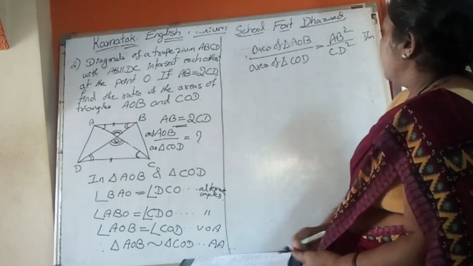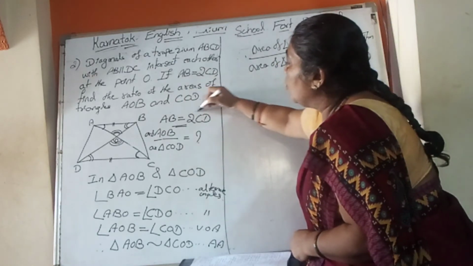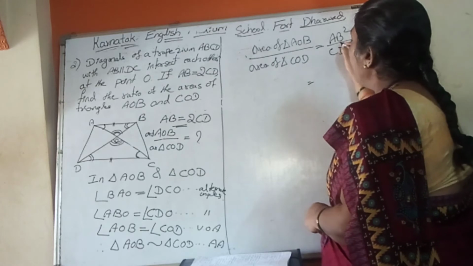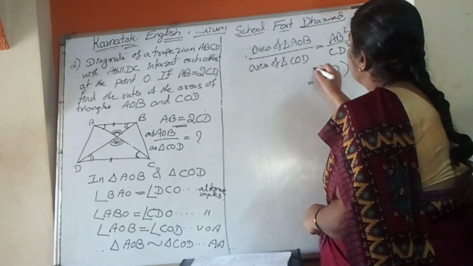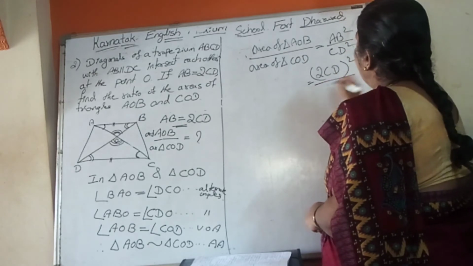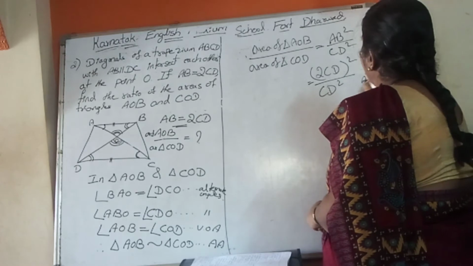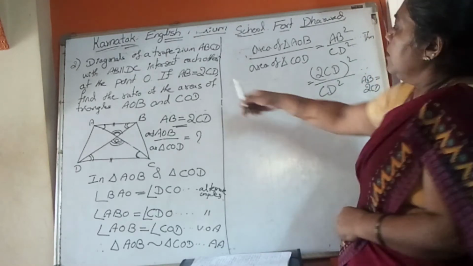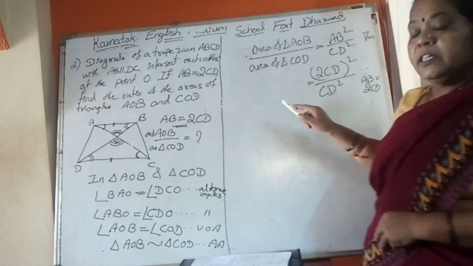Now they only gave AB equal to 2CD. So instead of AB, I'll write (2CD) whole square divided by CD square, because they gave AB equal to 2CD.